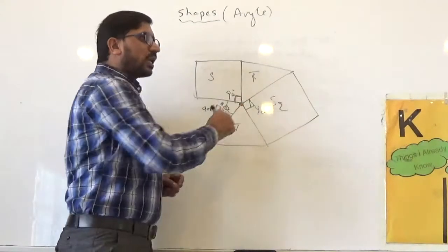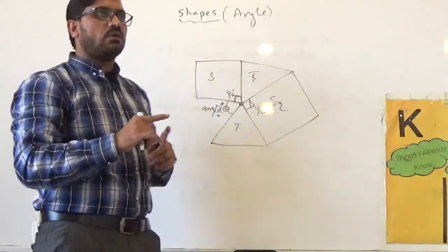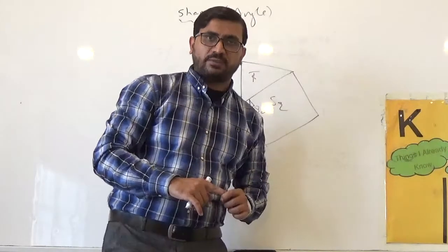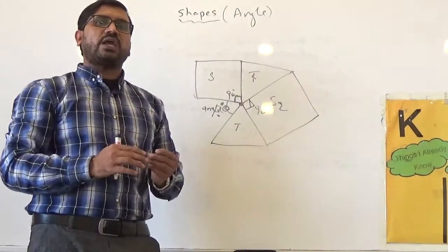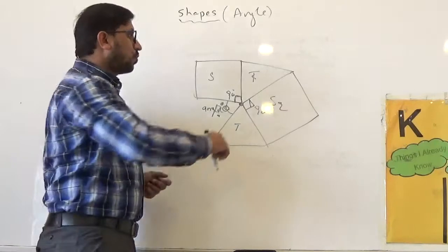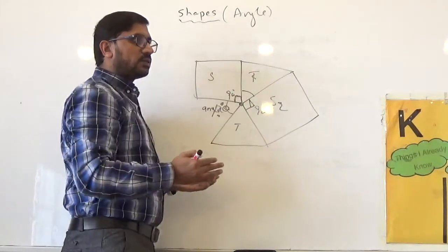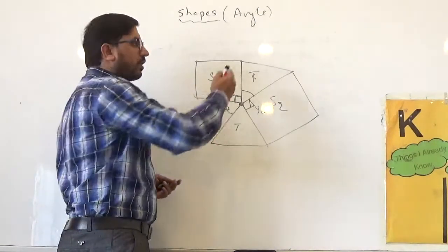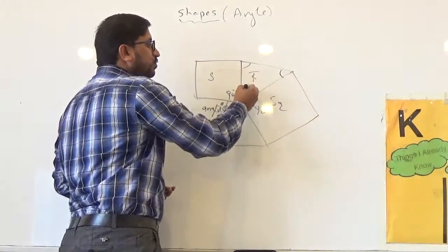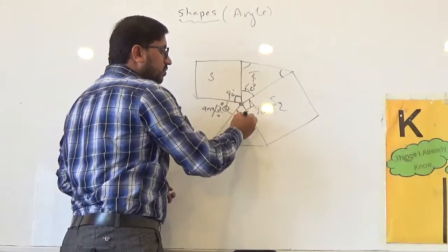Now these two triangles are equilateral, meaning all three sides are the same, so all three angles are also the same. As the sum of interior angles of a triangle is 180 degrees, we divide it into three parts, so this will be 60 degrees and that is also 60 degrees.